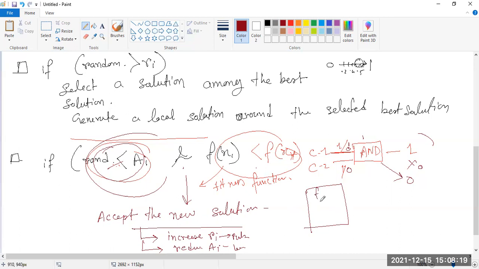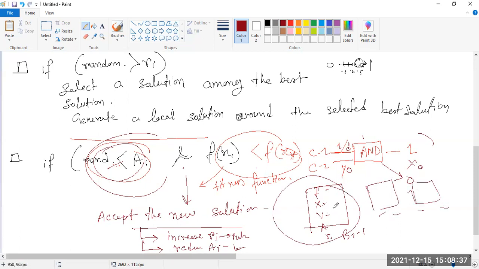First comes the frequency, then the position, then the velocity, then the loudness, then the R. Say this is for bat one, iteration one, and this much we will get. Then we have to select the best solution.